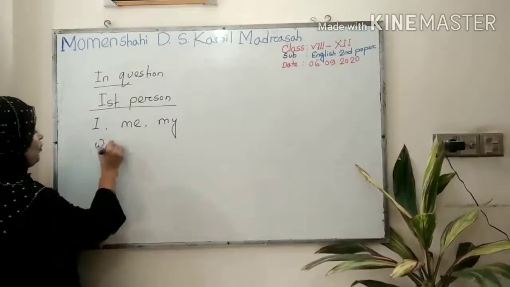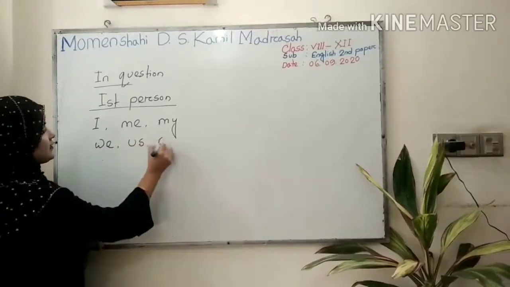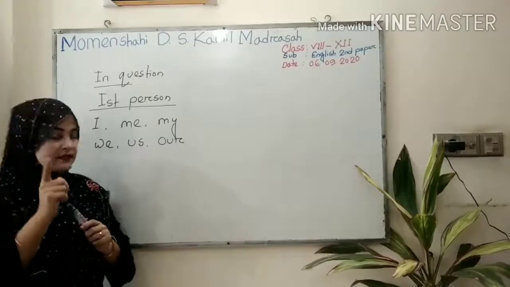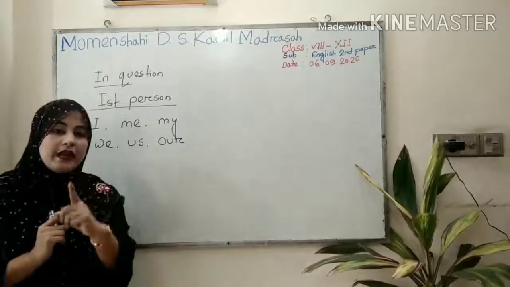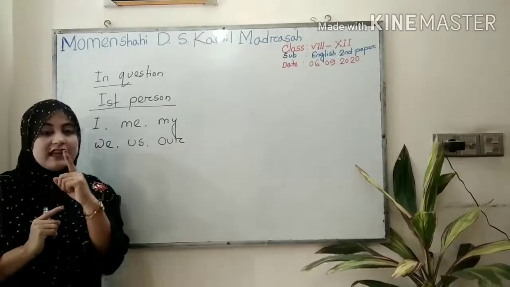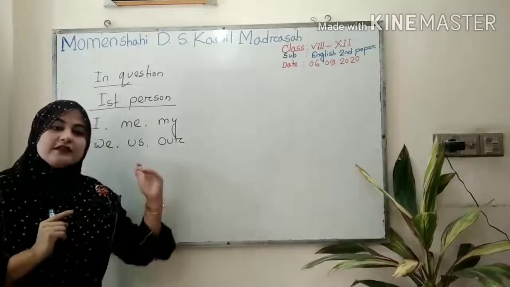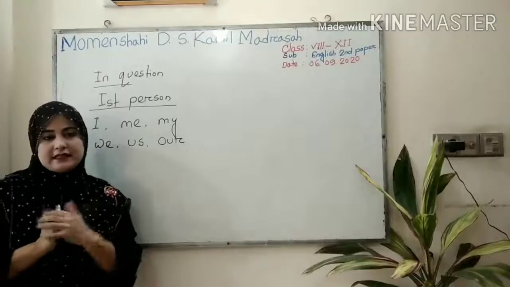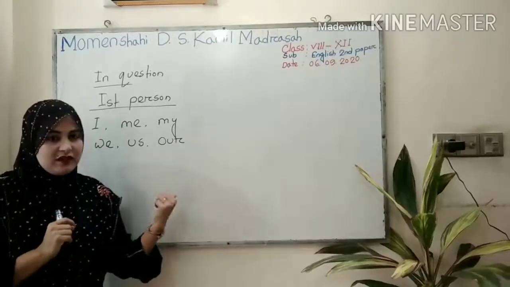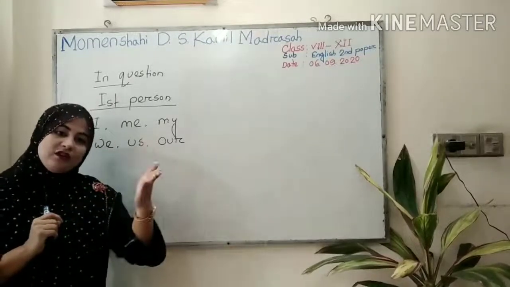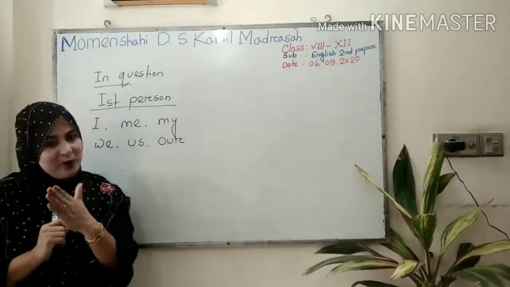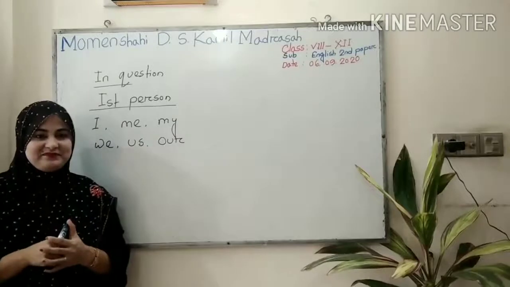and we, us, our. Again I remind you, if you get first person in direct narration, you have to change first person based on the subject of the reporting verb.